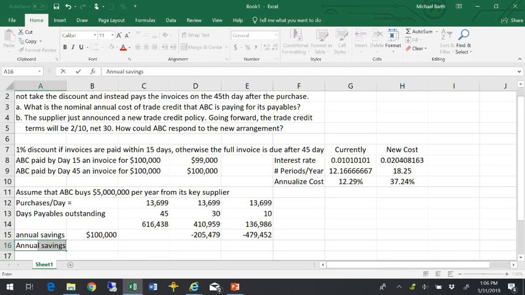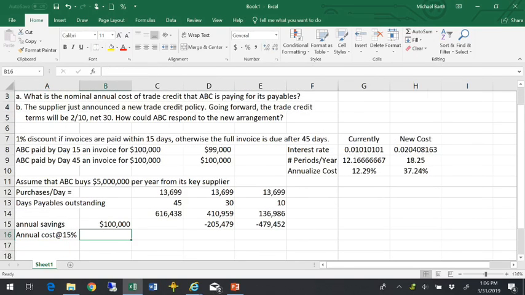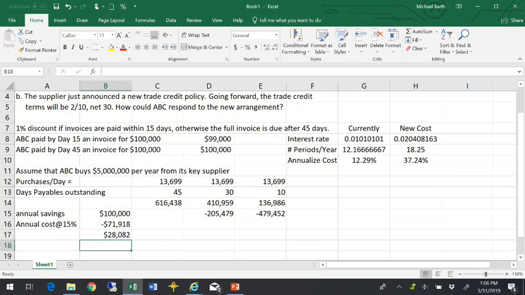The annual cost: let's say they have to borrow at 15% and they get an interest-only loan at 15%. A line of credit costs them $71,918 at 15% every year. They would still save $28,082.